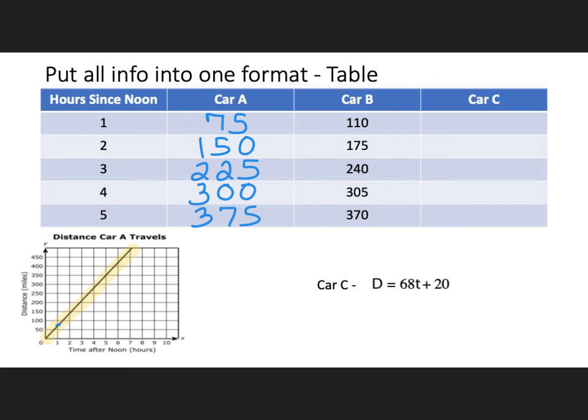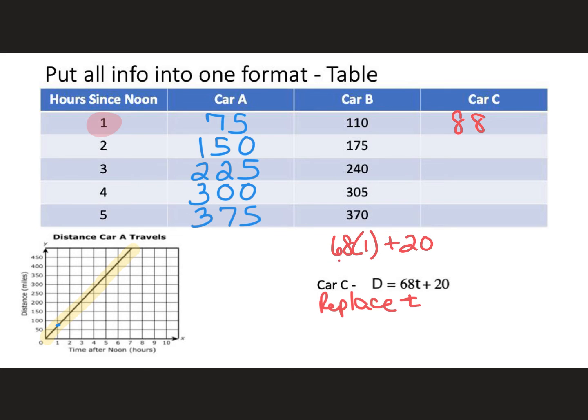Well, for car C, we're going to need to replace T with the time. In this case, we'll start out with the time of 1. So, we're going to do 68 times 1 plus 20, which gives us 88.